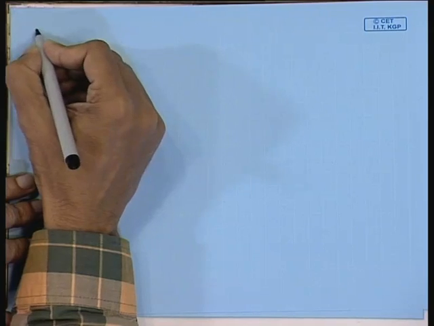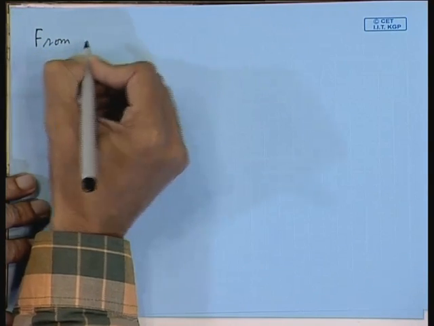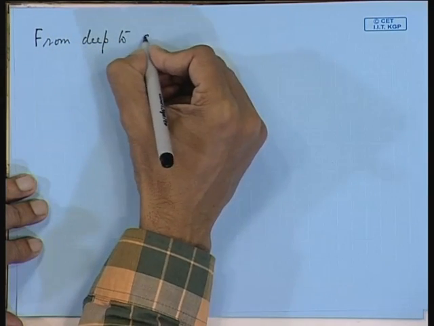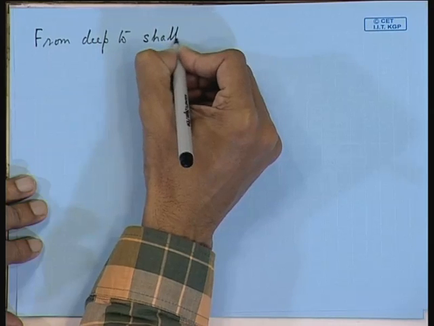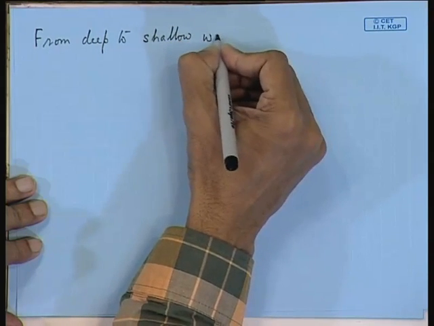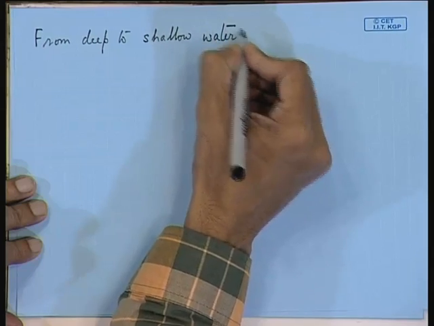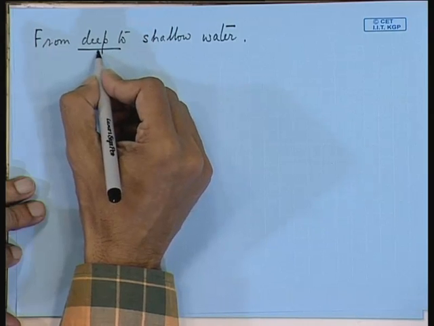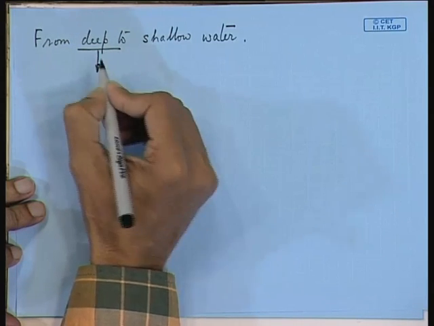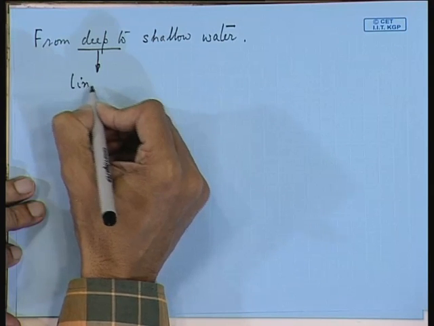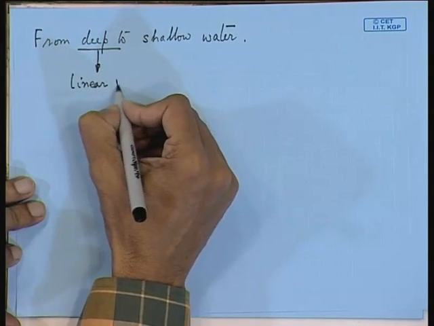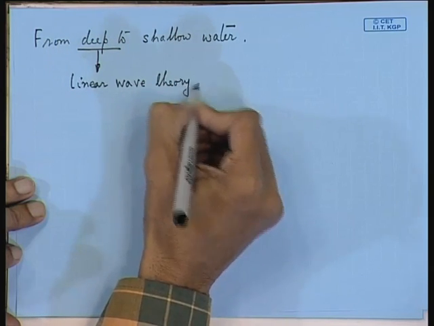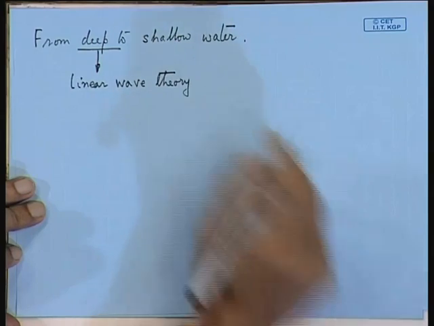So that means in the shallow water our problems are more complicated, isn't it? In deep water you can go for the linear wave theory. But your linear wave theory does not hold good for coastal waters, as we can see from this diagram.